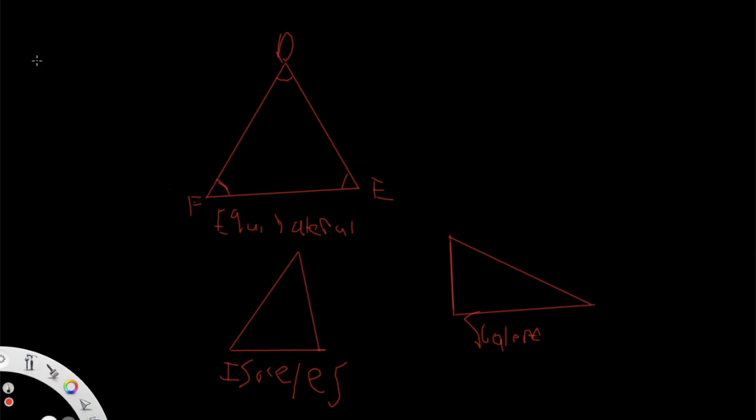So if angle F equals an acute angle, and angle E is the same, and continue. An equilateral has all acute angles. You can see an acute angle right here.